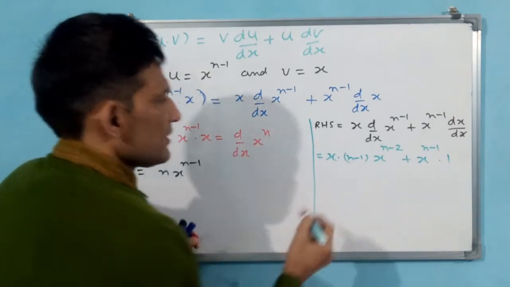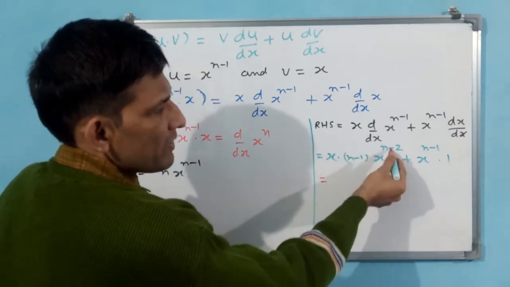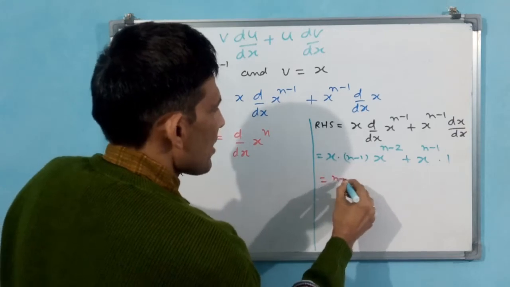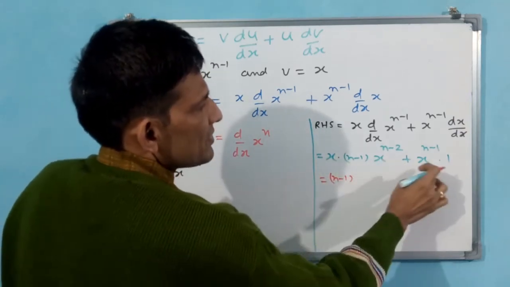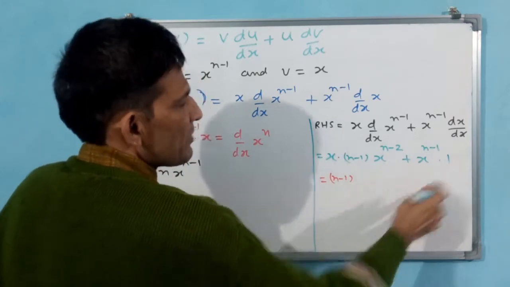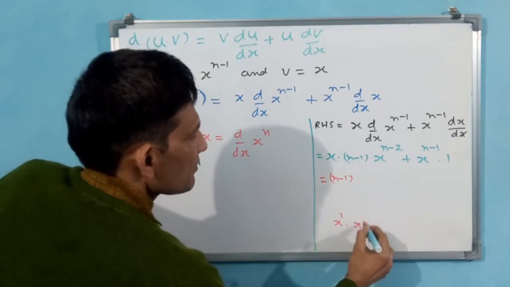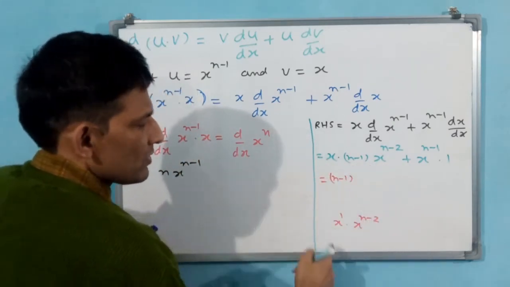Now next you write, you see here, x power 1, x power n minus 2 is there. Now first you take this n minus 1 outside. These are multiplication up to here. Plus this one. This is x power n minus 1 only, into 1 means. Okay. Now you see here, x power 1 into x power n minus 2. These two. Okay. N minus 1 we have taken out.